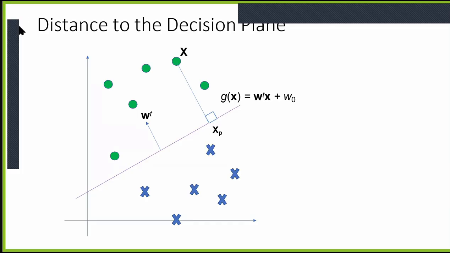So in other words, to compute the exact distance, we would want to care about both the scale, how many units away it is from this hyperplane, this decision boundary, and also its direction, which is dictated by the weight vector.